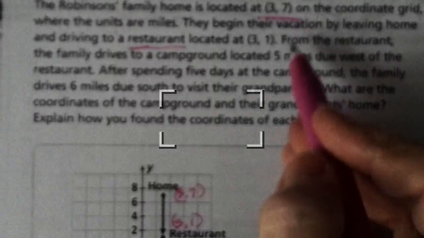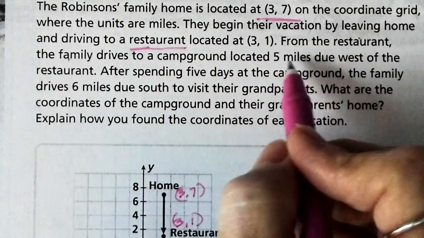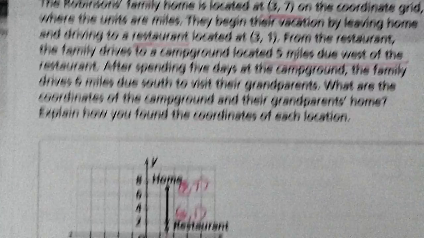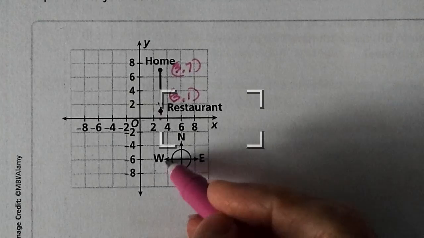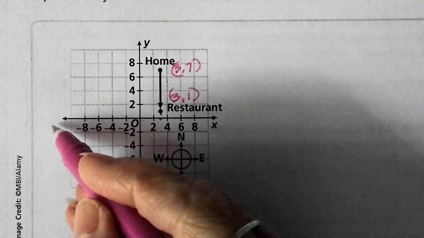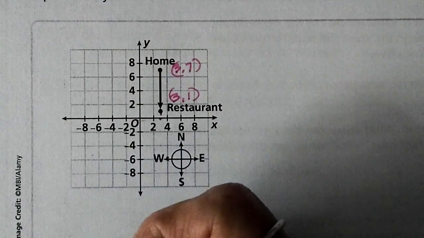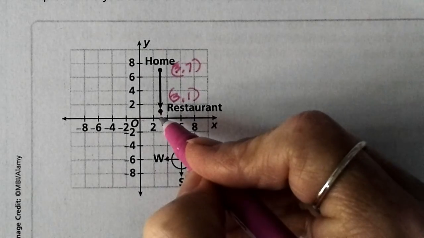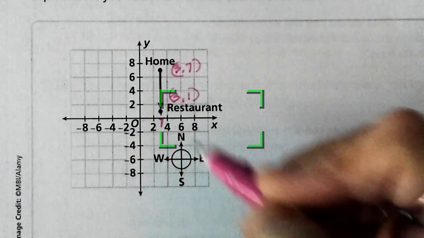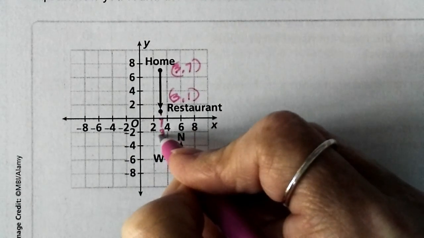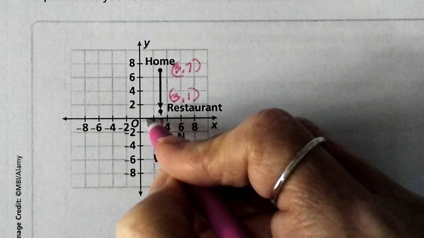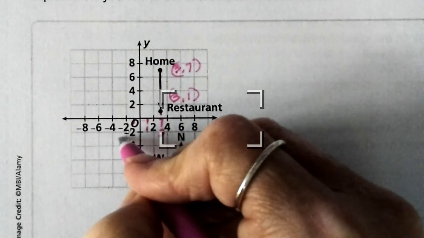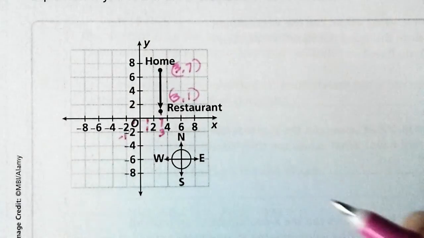Then, from the restaurant, the family drives 5 miles due west. As you can see, west is to the left, and we're going to drive 5 miles. Now, it's tricky because right now we're kind of in between. So this is 3, and then in between here would be 1, in between here would be -1, and then this would be -2.